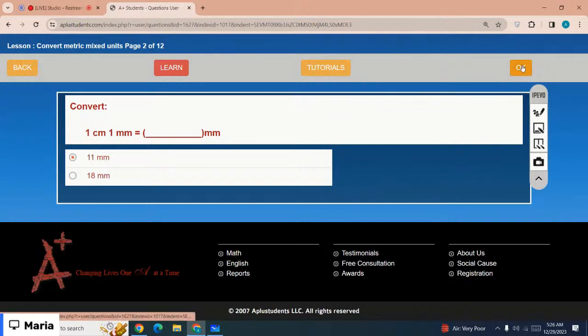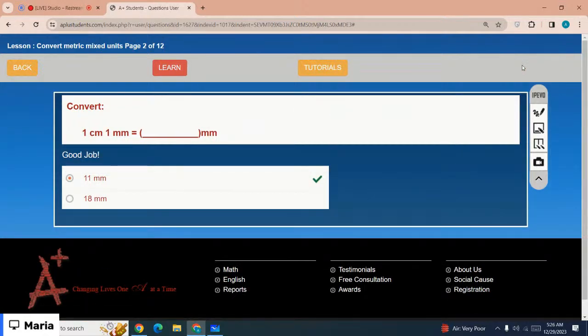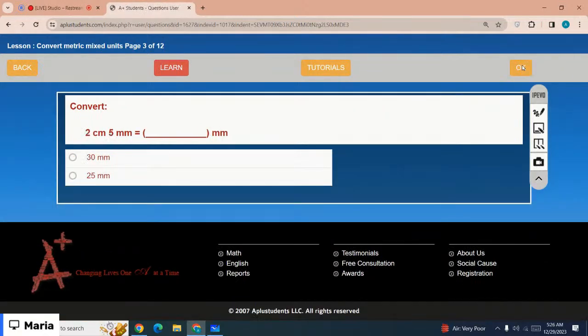So now you have to write the correct option for the next one. Recall the basic conversions.